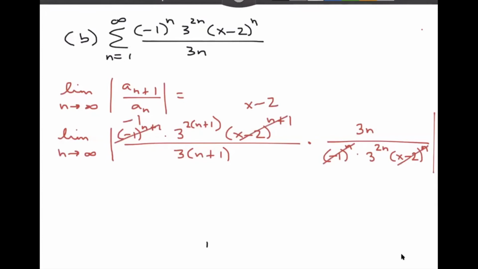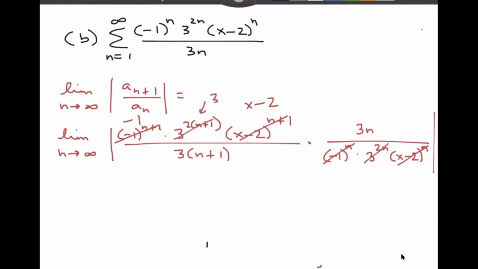All right, now these powers of 3, I want to be careful because the exponent on the top power of 3 right here is really 2n plus 2. So if I divide 3 to the 2n plus 2 by 3 to the 2n, I am going to be left with 3 to the 2, right?